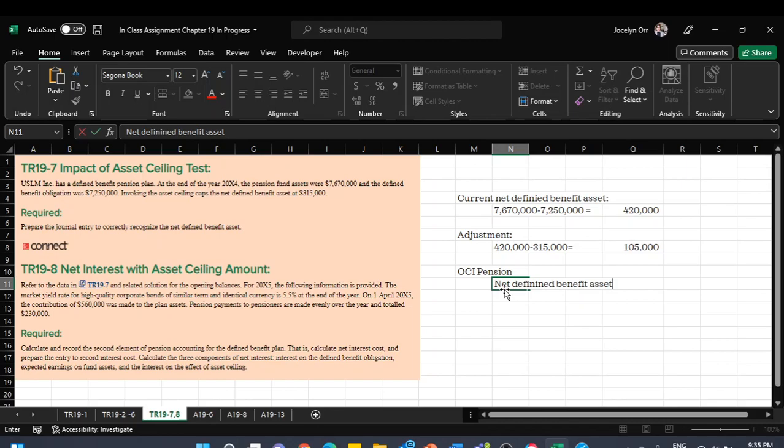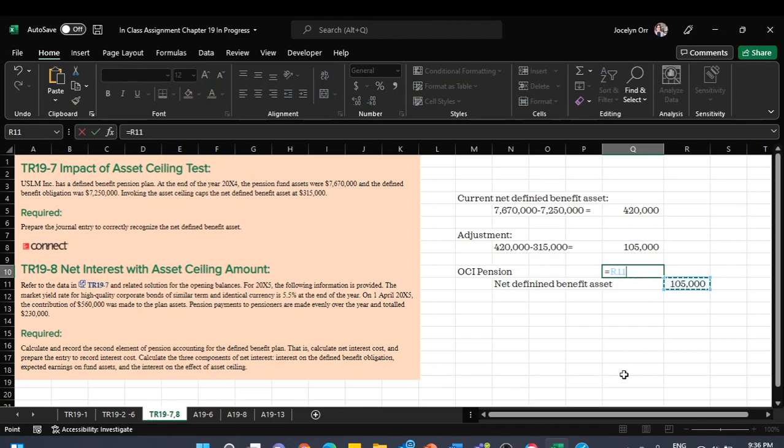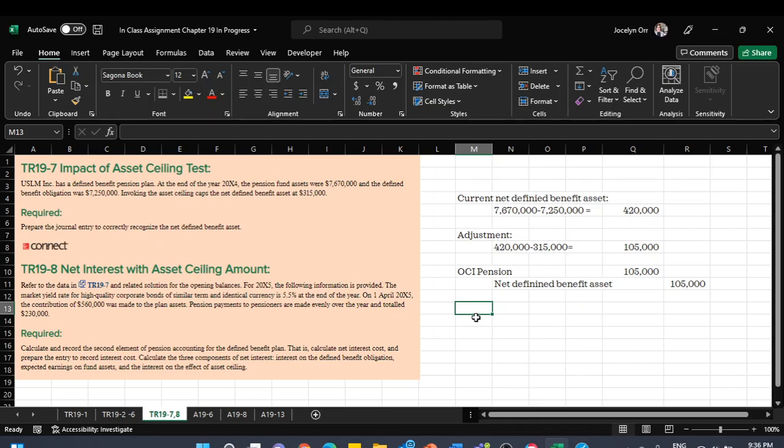It just depends on whether it has a debit balance being an asset or it has a credit balance being a liability. So right now, the balance is an asset, so a debit balance for $420,000, and we want to bring it down to match with that ceiling, which is $315,000. So we need to reduce that account by 105. So we are going to credit that account and debit our OCI.